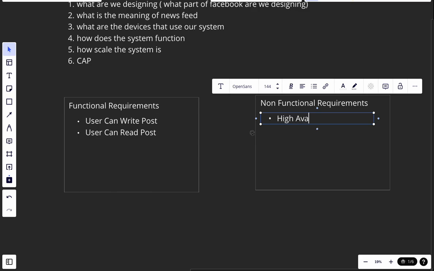We also expect to have 10 million daily active users.